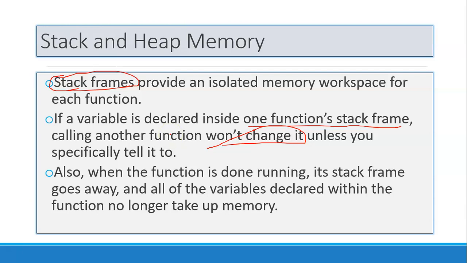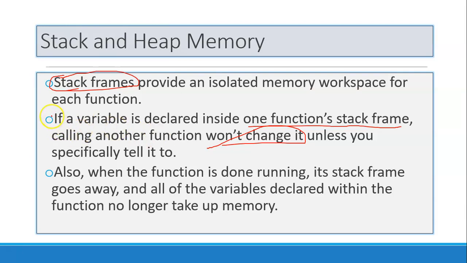If you specifically tell it that you want this variable declared in this function to be modified in that other function, then you can do so by calling that other function with reference parameters or reference arguments.